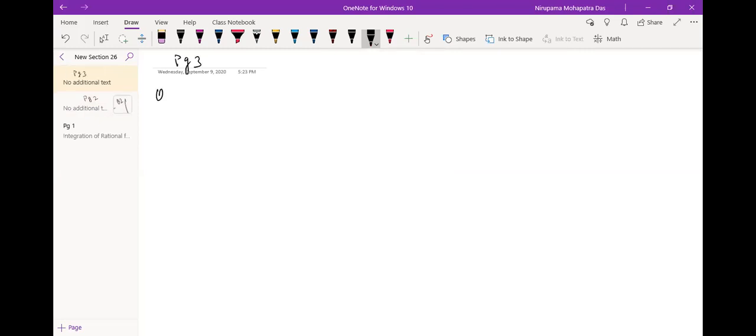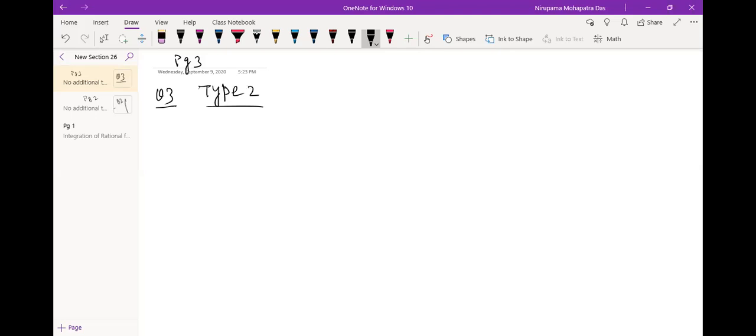Okay, so question number 3. I will be considering type 3 here, or you can take the denominator being the same. Okay, let me take type 2 here.